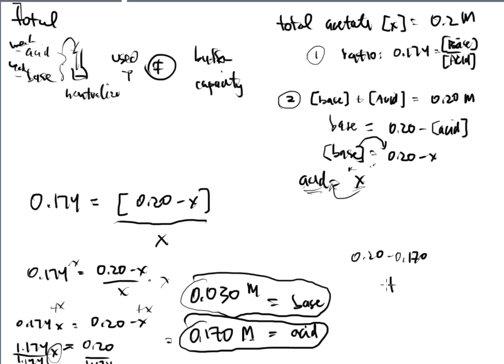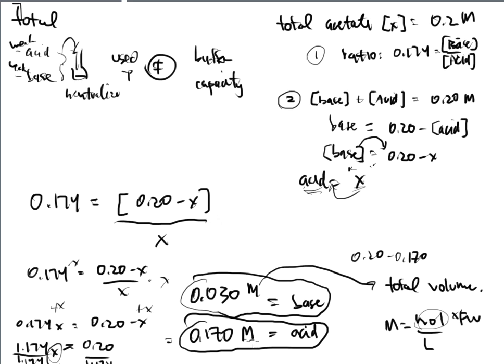Now, if the problem gives me the total volume that I need to make, then I can take this molarity, plug it into the molarity problem, moles over liter, solve for mole, multiply by formula weight, and that will tell me the amount of base I need to weigh out on a balance.